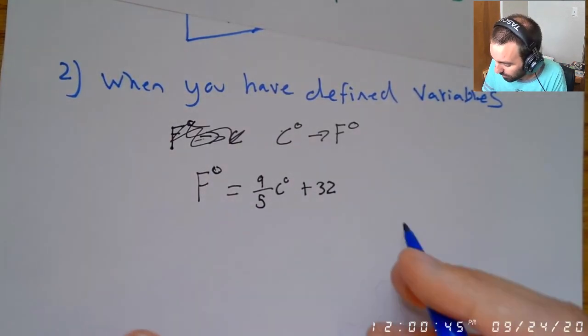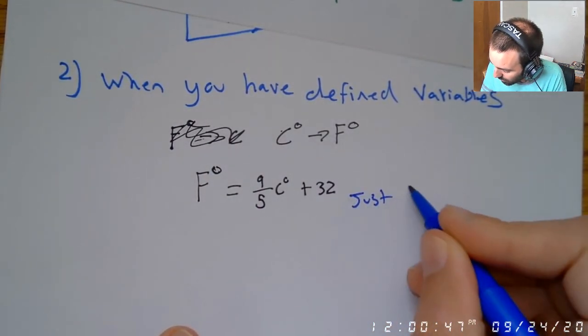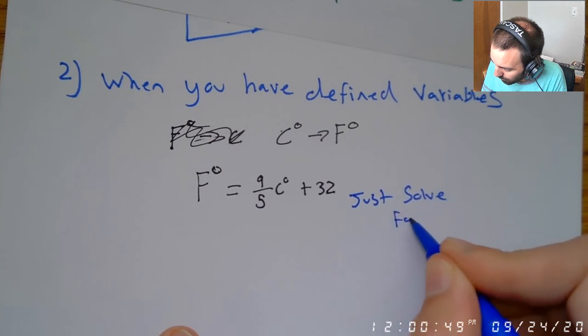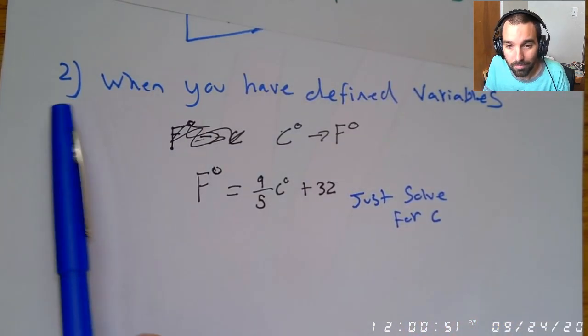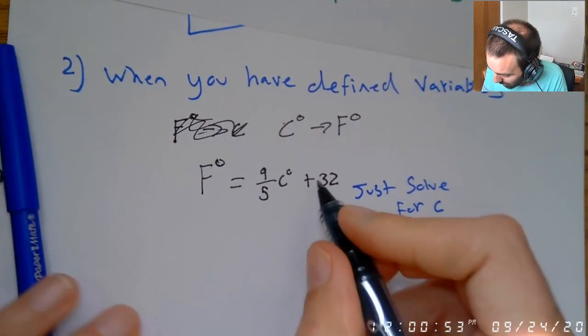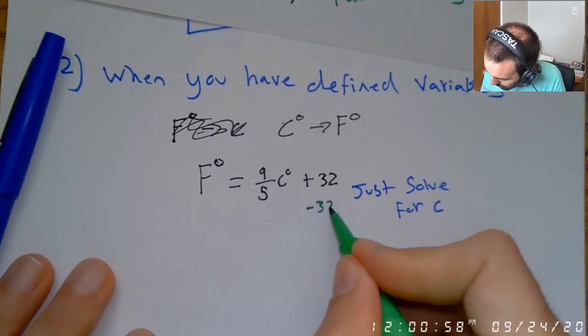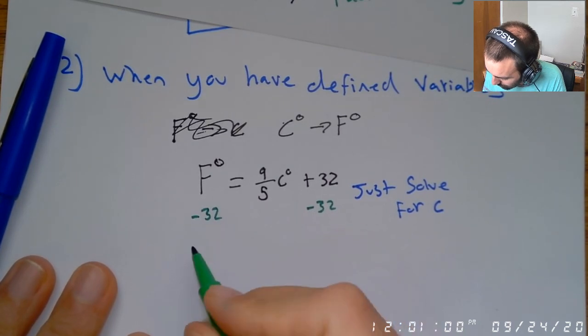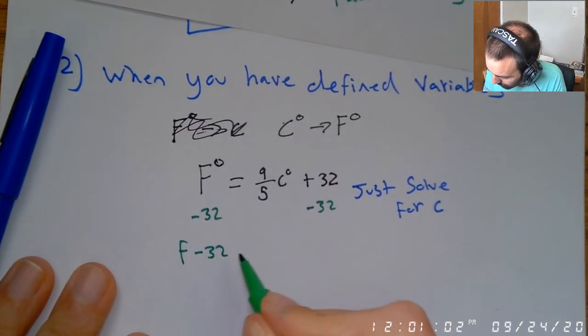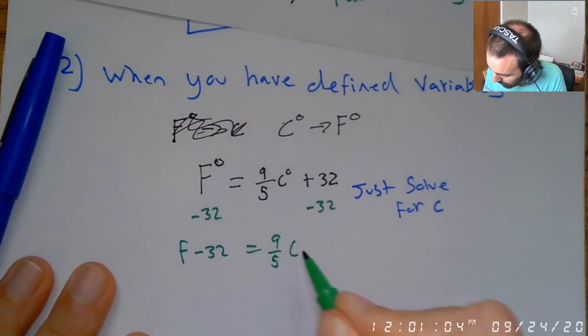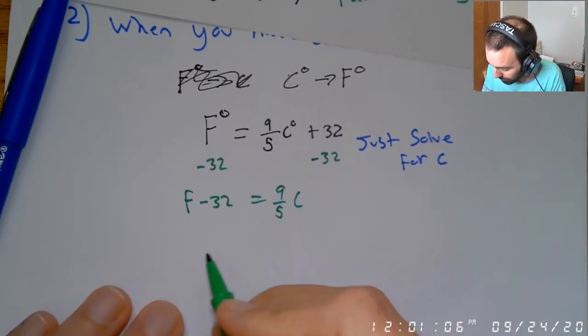So I would just solve for C. Okay, that's it. I would subtract 32 and then multiply by the reciprocal.